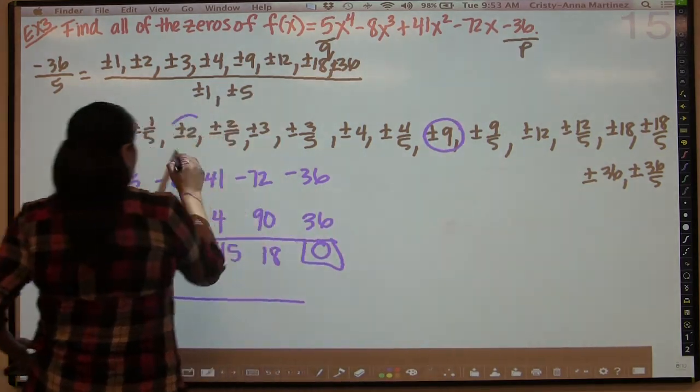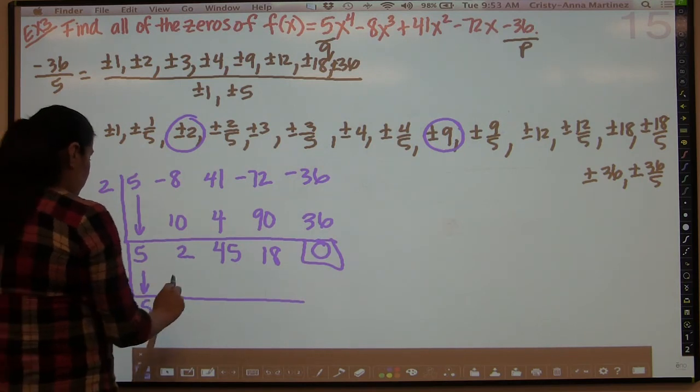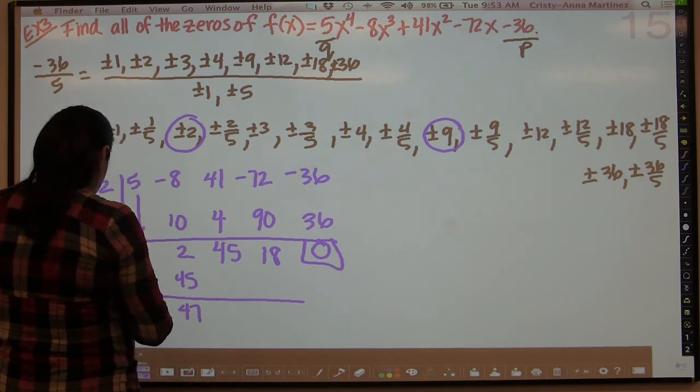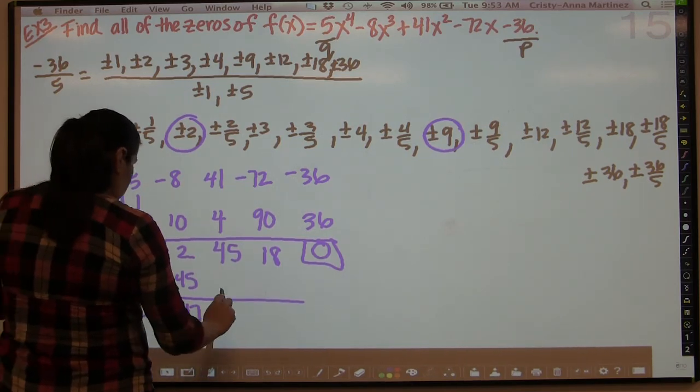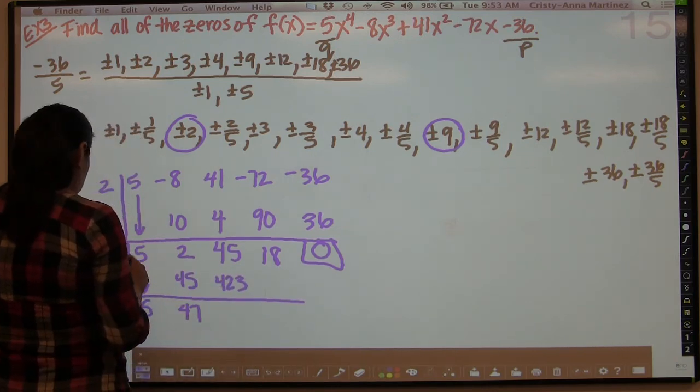So I tried the 2 and the 9, and 9 times 5 is 45, and that's going to be 47. 9 times 47 is 423. That doesn't seem like it's going to work. 423.